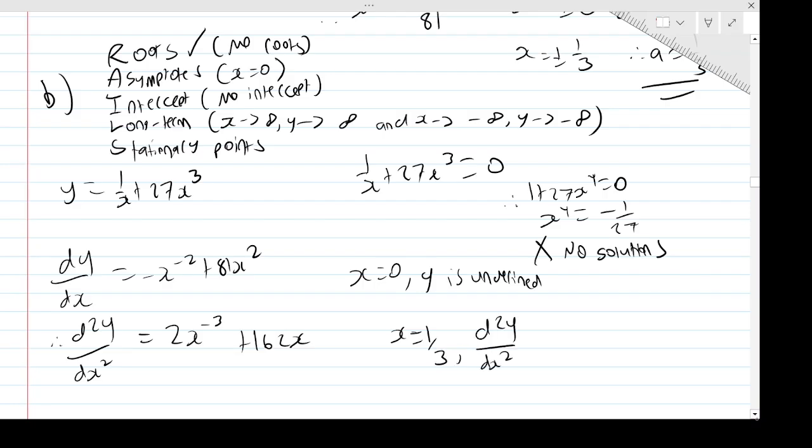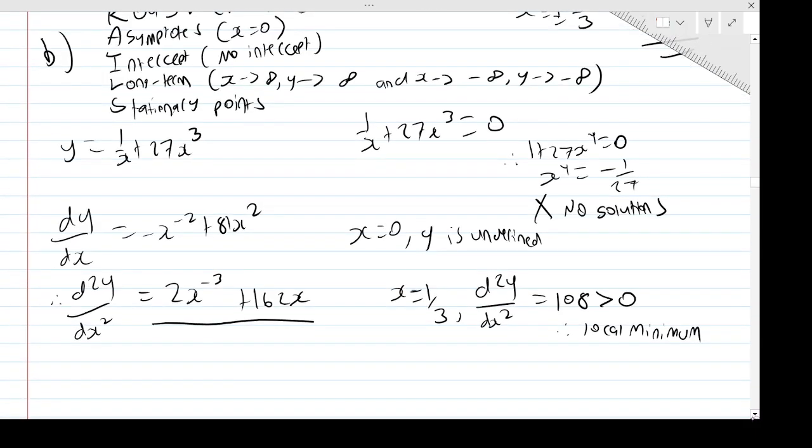So if I evaluate the second derivative here, if I plug that into my calculator, 2 lots of a third to the power of minus 3, add 162 of a third, I get 108, and that is positive. So therefore it is a local maximum. No, sorry, minimum. Because you need to remember that the second derivative is positive, so it's a minimum.